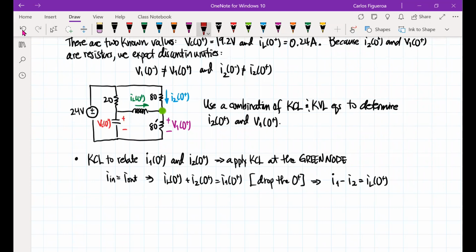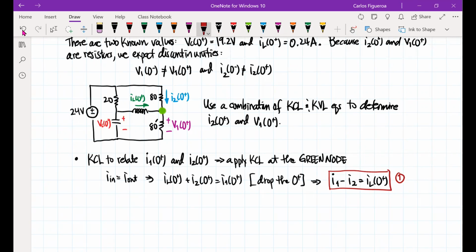So right away, I now know how those two currents are related.